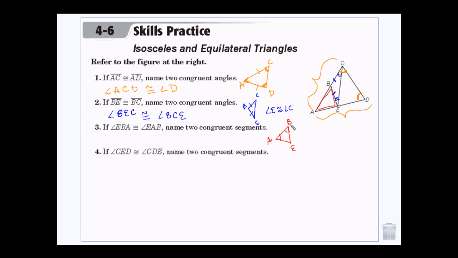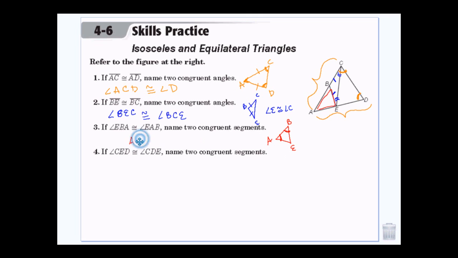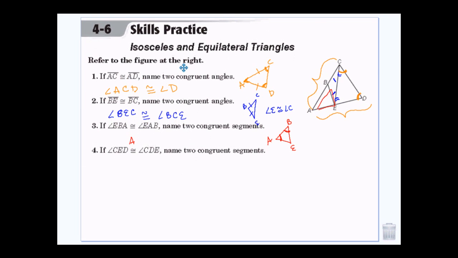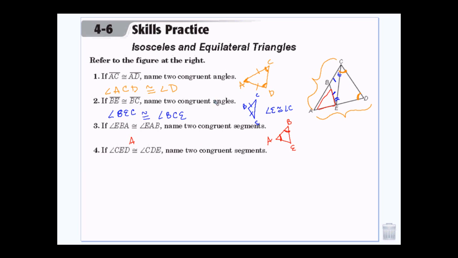Because EBA, that's this angle, is congruent to EAB. So because EAB started first, then it's going to be our vertex? Yeah. Okay. So that gives me that AE, that's this side, has to be congruent to BE.